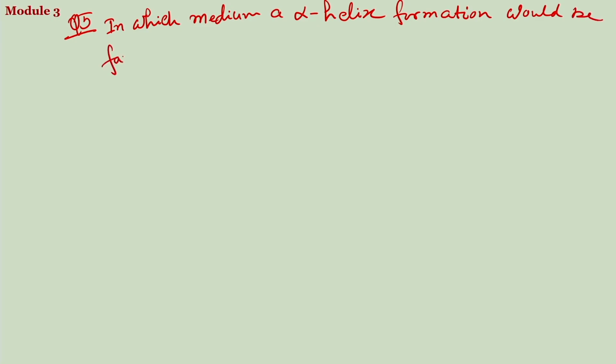Alpha helix means alpha helix of the protein. A, aqueous, or B, lipid. Formation of alpha helix would be favorable in aqueous medium or in lipid medium. This is the question.